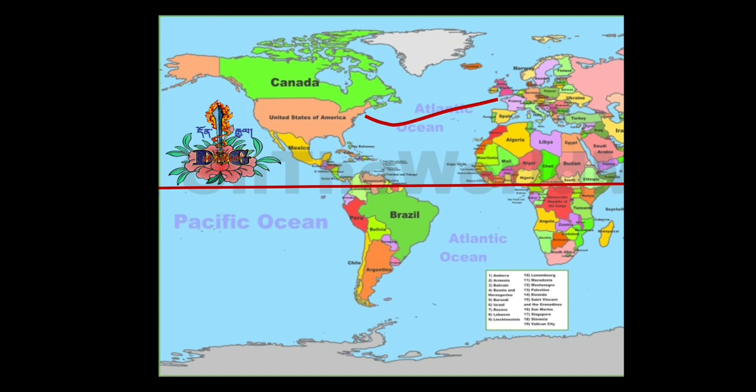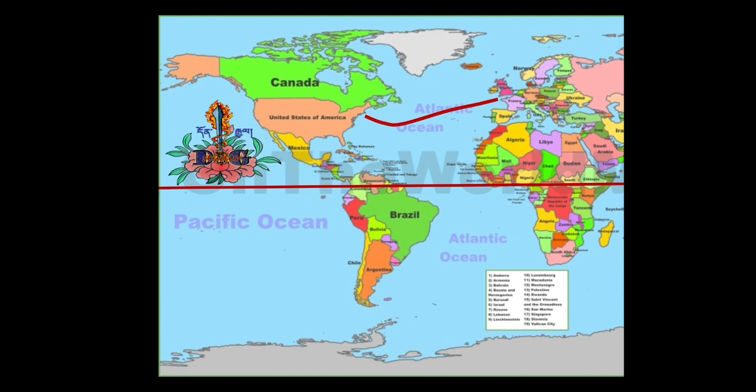The Atlantic Ocean is divided into two, and the division is based on the equator. South of the equator is called the South Atlantic Ocean, and north of the equator is called the North Atlantic Ocean. The sea route is called the North Atlantic Sea route because it is located inside the North Atlantic. That red line indicates the route.